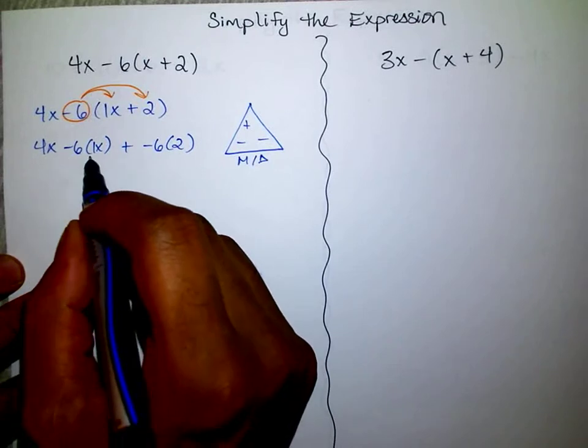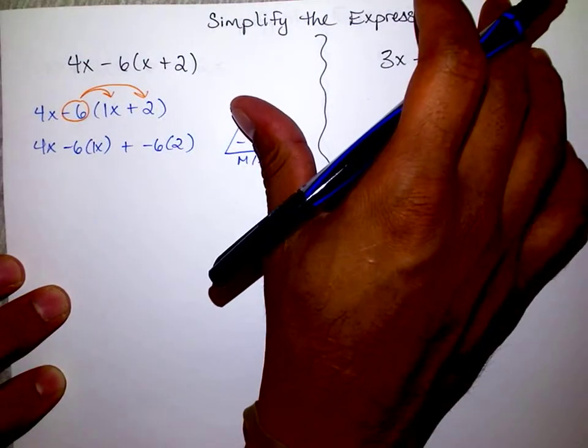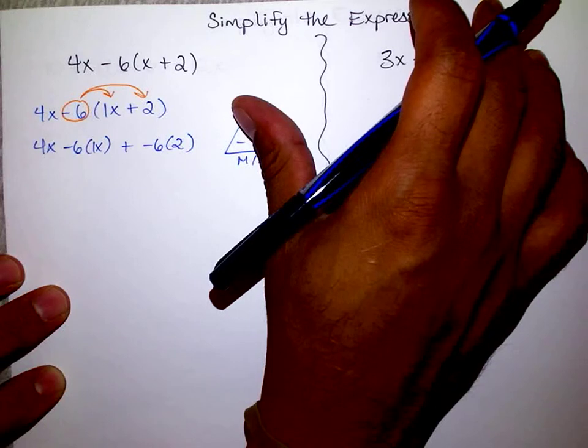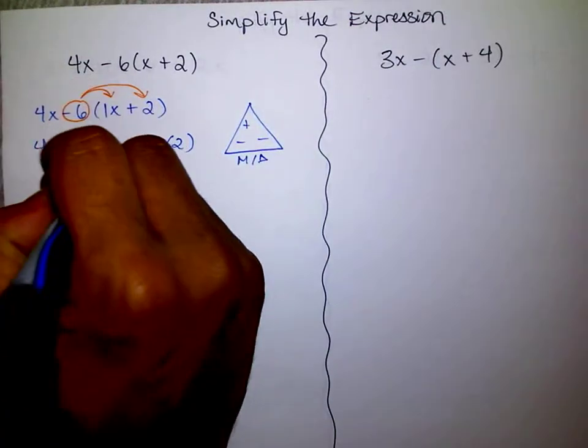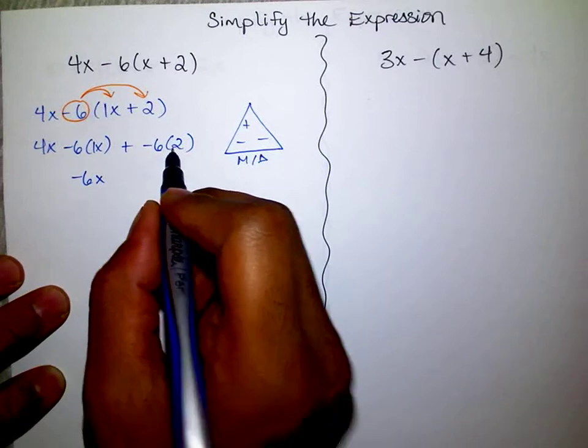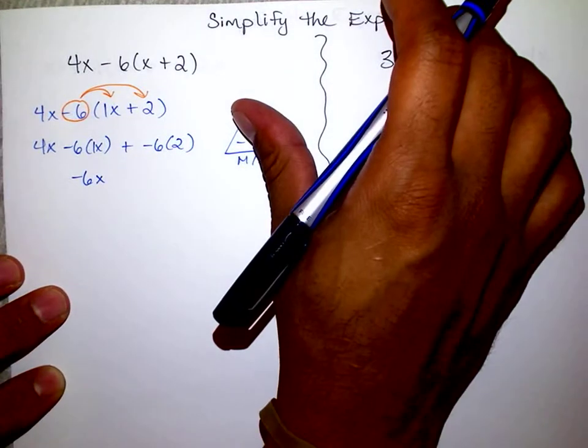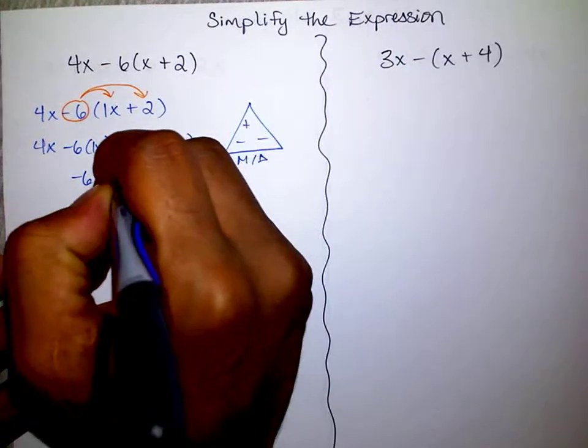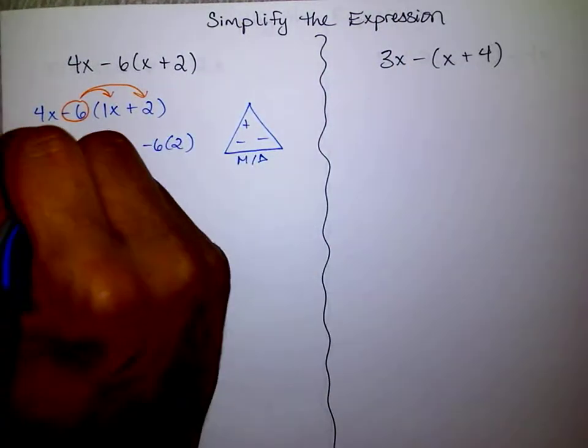Negative 6, positive 1, cover up your negative and your positive, that's going to give you a negative 6x. And negative 6 and positive 2, cover up a positive and a negative, that's going to give you a negative again. Negative 12, bring down the 4x.